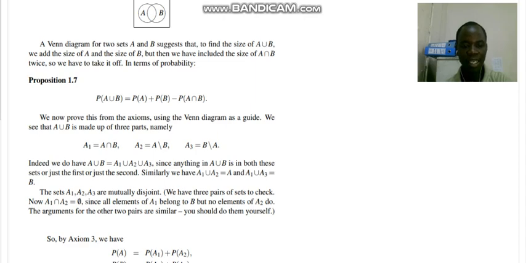The sets A1, A2, A3 are mutually disjoint. This means that we have three pairs of sets to check. Now A1 intersection A2 is an empty set, since all elements of A1 belong to B, but no element of A2 does. The argument for the other two pairs is similar. You should do them by yourself.